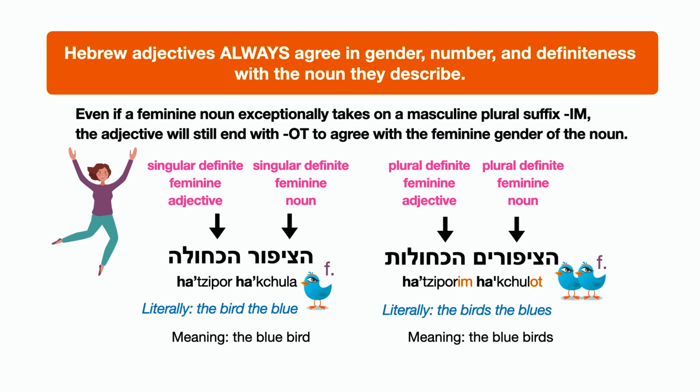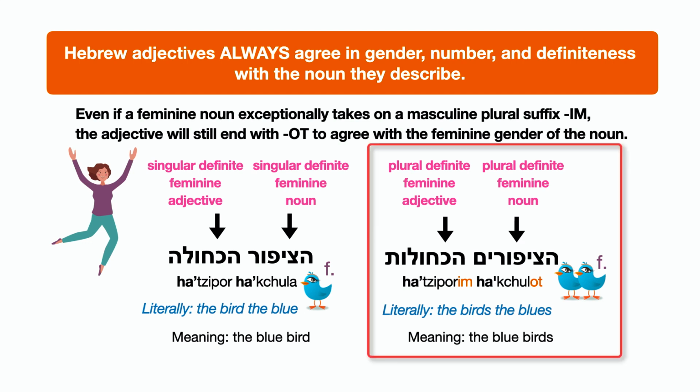And using the same principle of agreeing with the definiteness of the noun, to say the bluebirds, hatziporim hachulot. Literally that's saying the birds, the blues. Of course, that doesn't exist in English, but in Hebrew, that's how it is. Hatziporim, the birds, and you want to say the blue birds, right?